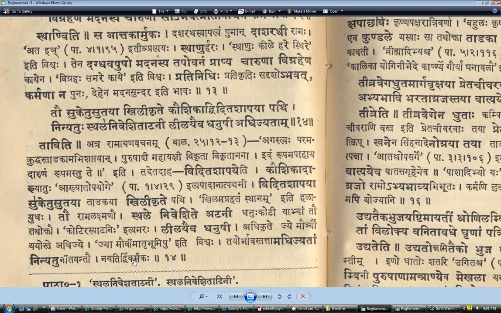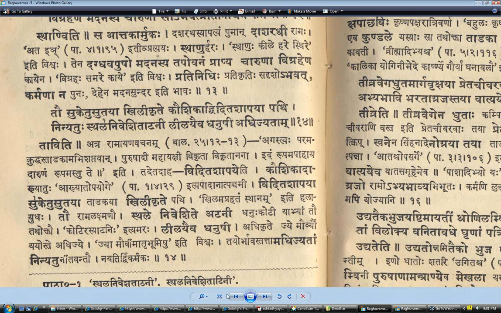And all this happened pathi, on the way, which was made untrodden by the daughter of Suketu, and whose curse was known to them by the narration of Kaushika, who was their teacher.